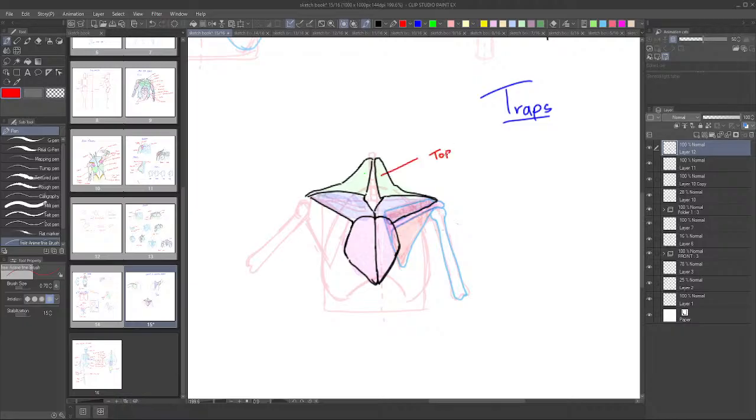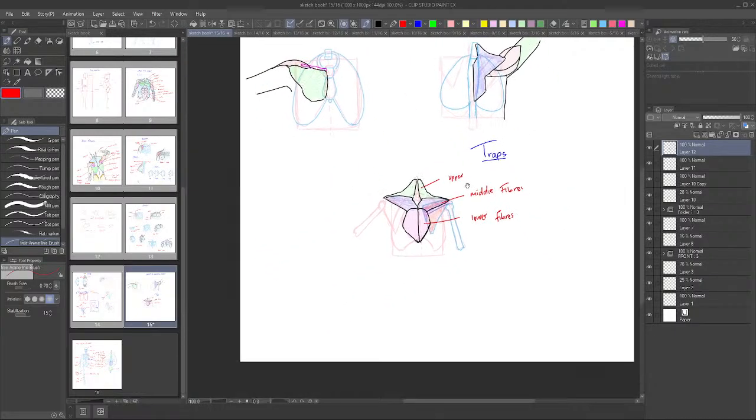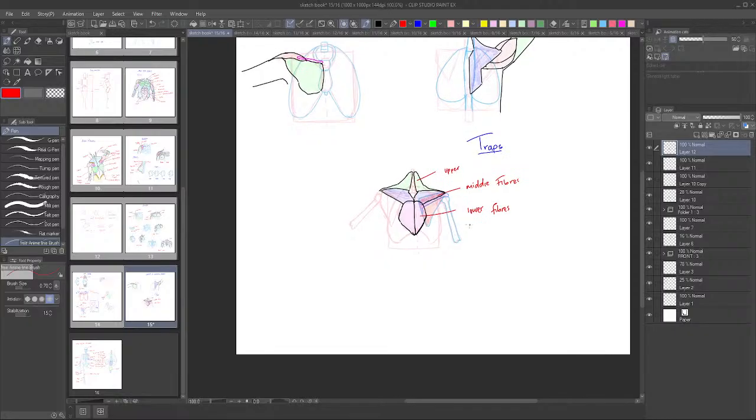Top. Or let's call them upper. They are called actually upper fibers, but I'll just call them upper. Middle fibers. And lower fibers. Remember, our body is made up of fibers. Don't forget about that.